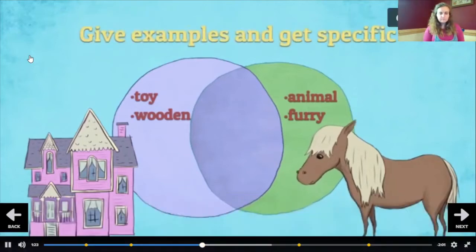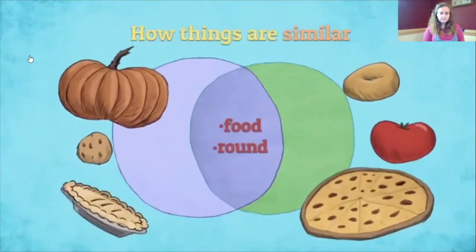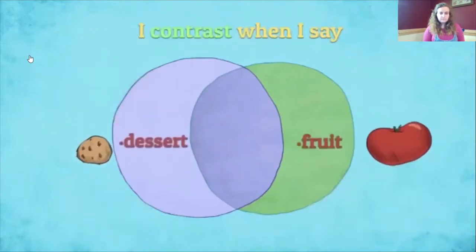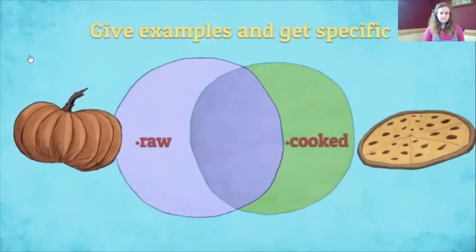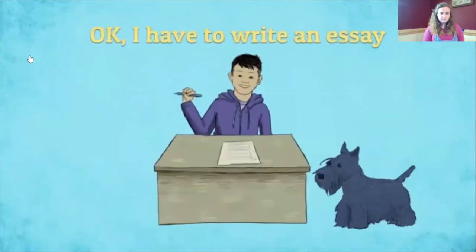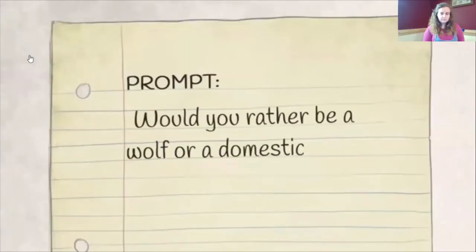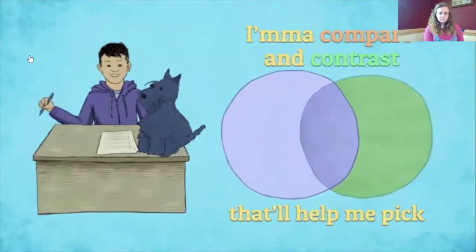Give examples and get specific. You get it? I compare when I say how things are similar or the same. Yeah, I bet that sounds so familiar. I contrast when I say how things are different. Give examples and get specific. You get it? Okay, I have to write an essay. Here's the prompt. Would you rather be a wolf or a domesticated dog? Domesticated dog is like a pet. I'ma compare and contrast. That'll help me pick.